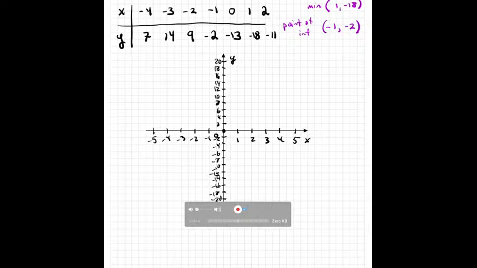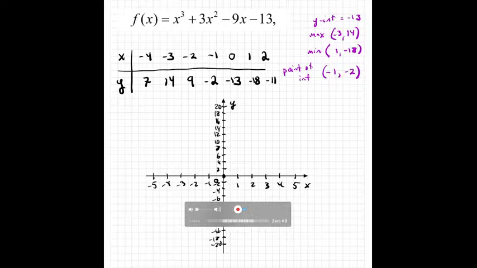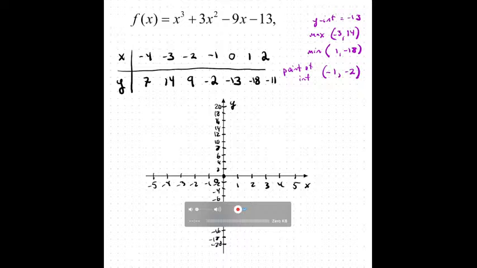We can just plot all of this, right? I'll do it in blue. So let's do our y-intercept. This y-intercept was -13, so that's going to be here. Actually, let me change up my paper. When x was -3, we're at 14: 2, 4, 6, 8, 10, 12, 14. So that's a max value.